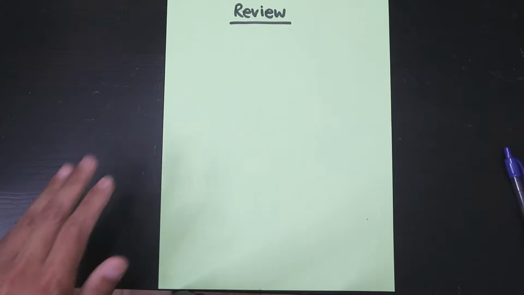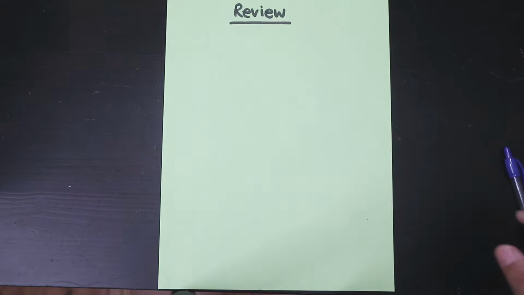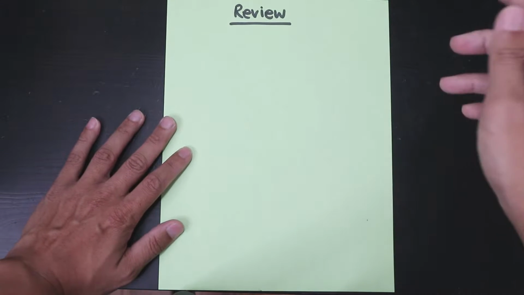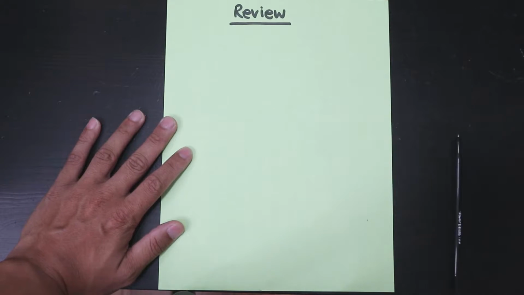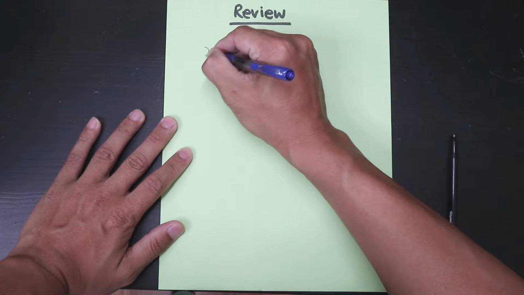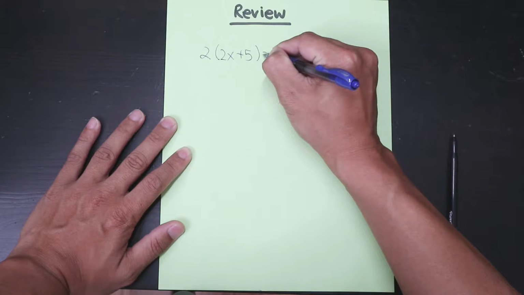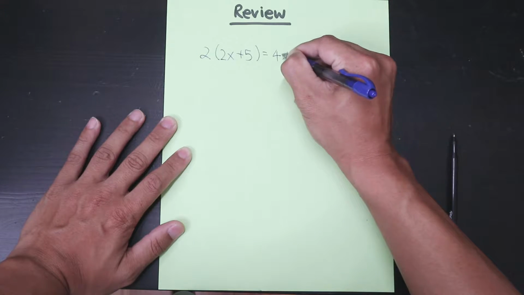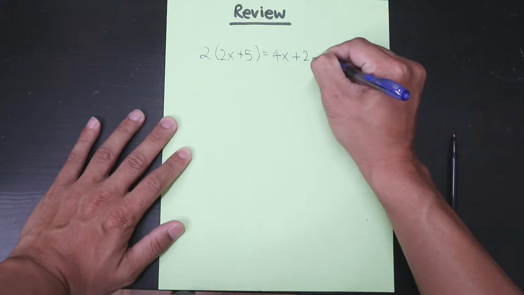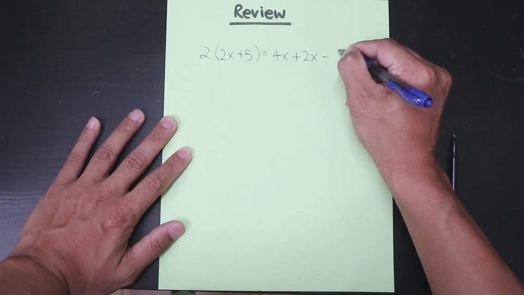So previously we learned how to solve equations such as the following. Let's say you have something like 2 multiplied by (2x plus 5) is equal to 4x plus 2x minus 6.